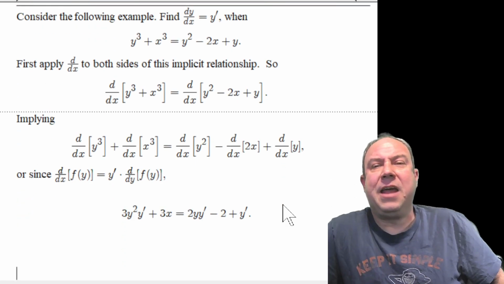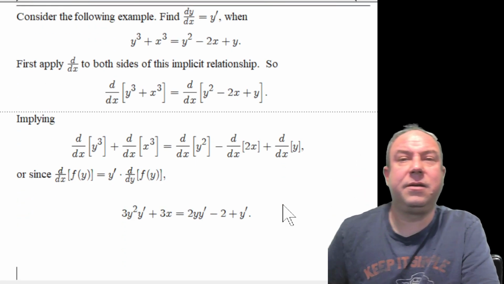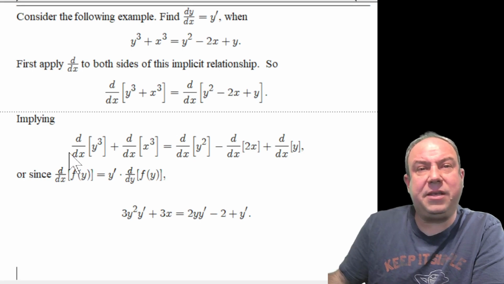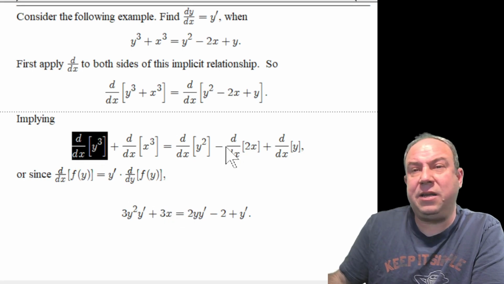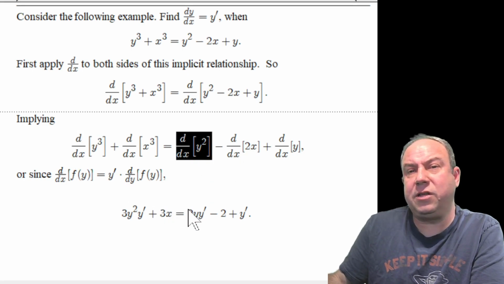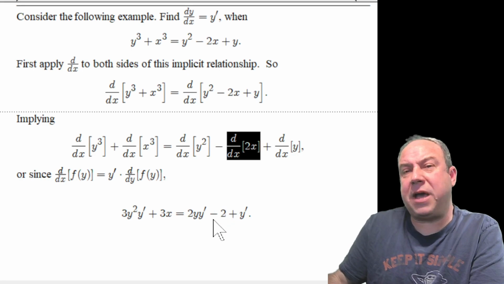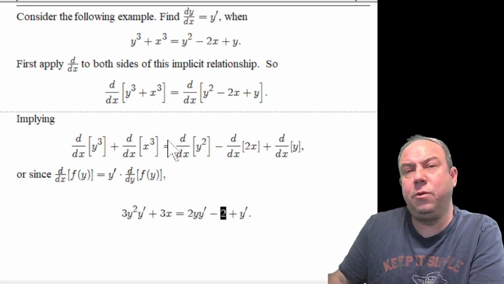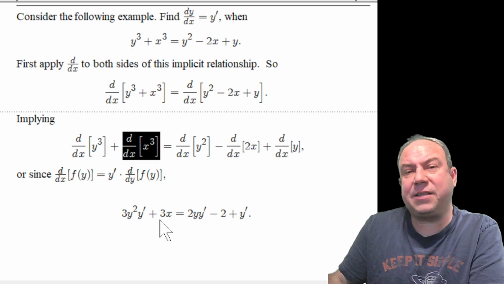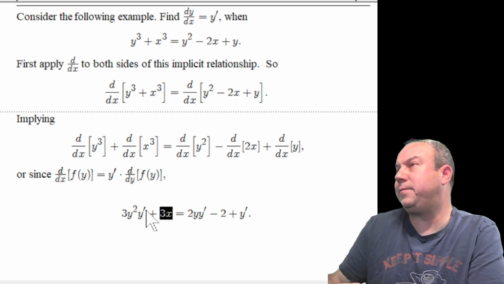All right? And if we apply our implicit methods as we had set up here, as we had noted, this result is 2y prime. This result is going to be y prime. The derivative with respect to x for 2x is 2, and the derivative with respect to x cubed is 3x.